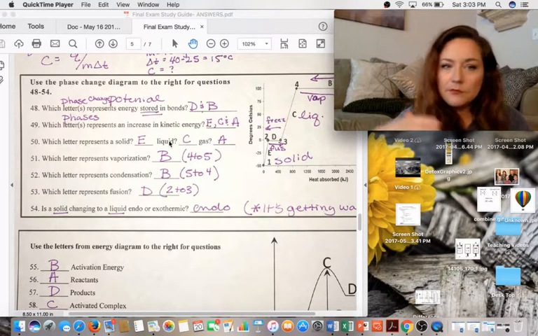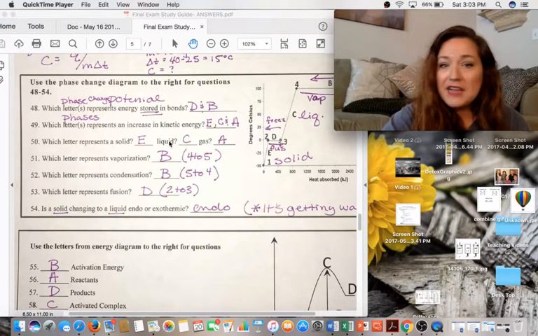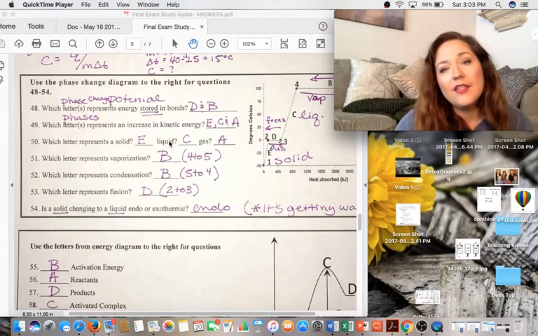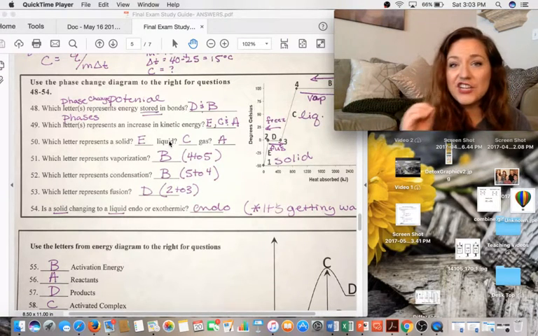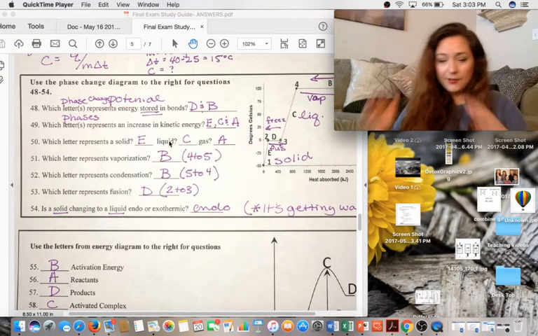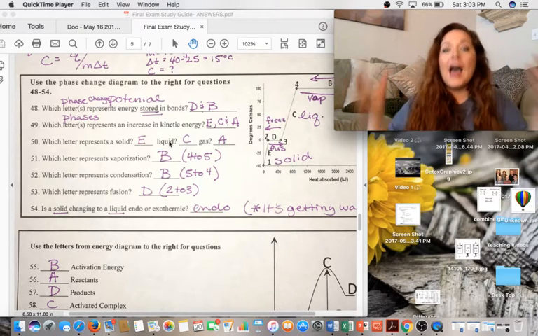48. What they're asking is literally, what's the potential energies? So guys, remember, straight line, potential energy. That is going to be your phase changes. Please remember that you cannot have kinetic energy and potential energy happening at the same time.